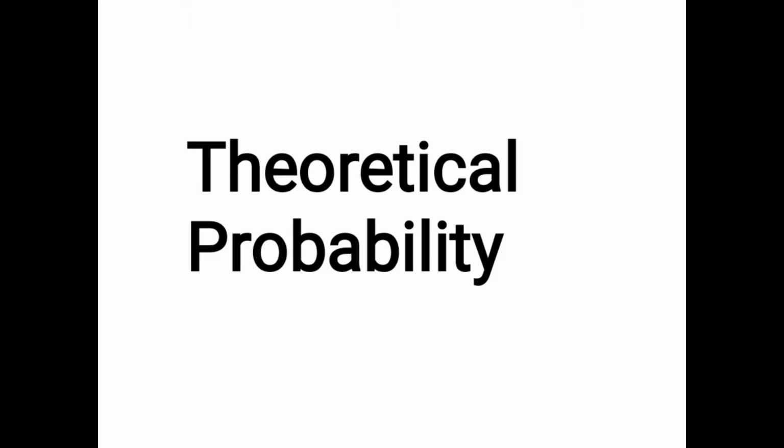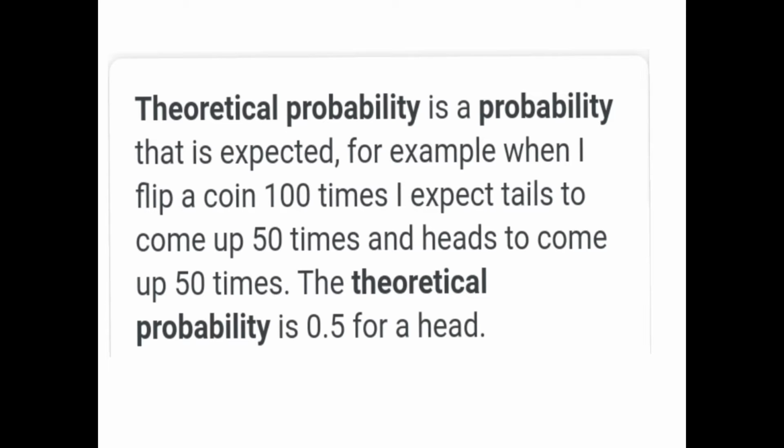Before we do anything about theoretical probability, we have to first of all understand what theoretical probability is. Basically, theoretical probability is a probability that is expected to occur. So for example, when I flip a coin 100 times, I expect tails to come up 50 times and heads to come up 50 times.